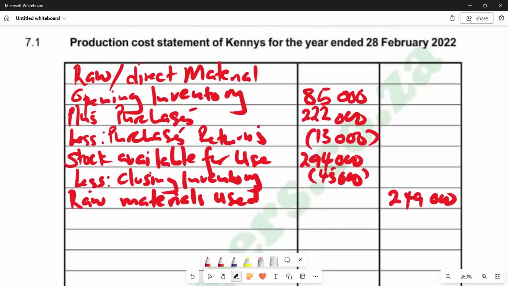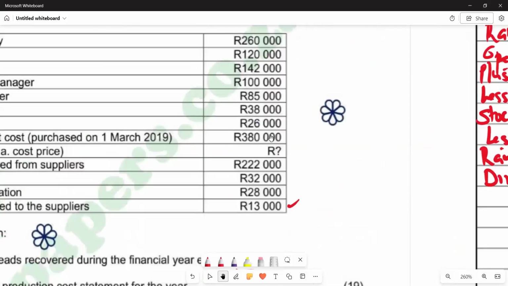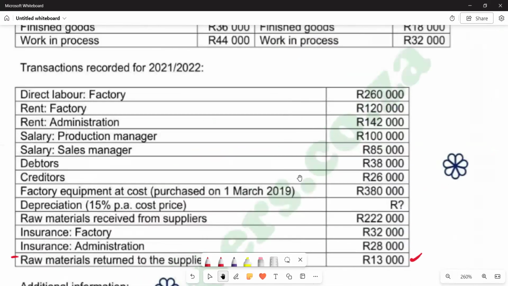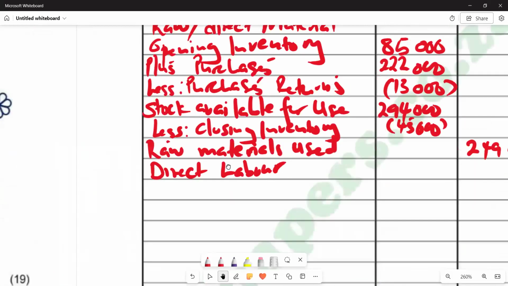Then beneath that, that's when we are going to put our direct labor so that we can add it to direct material. Go to the question and try to find out what we have in terms of direct labor. If you come at the beginning of this list of balances, we have direct labor factory 260,000. So we have 260,000 representing our direct labor.